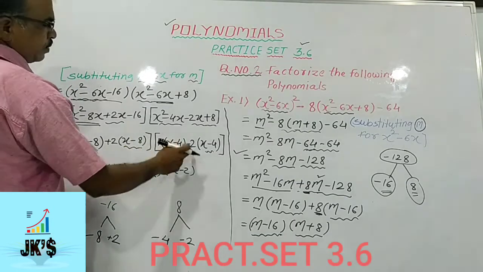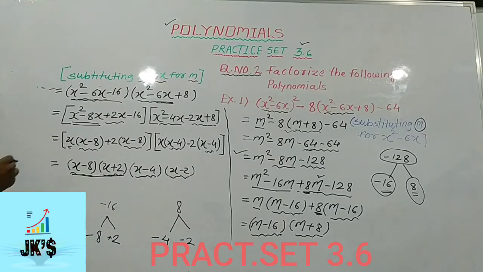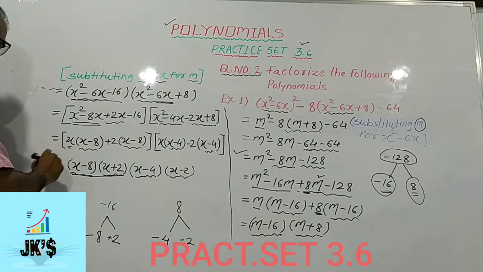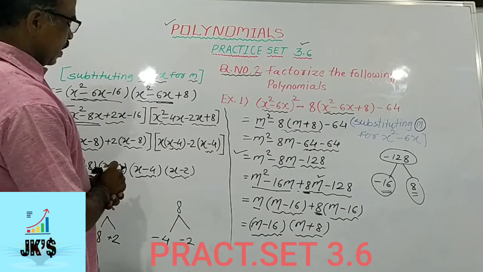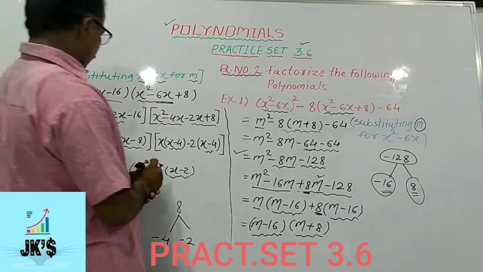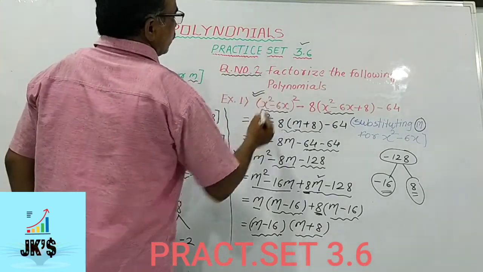What remains? x minus 2. In this way, friends, these are the factors of the given polynomial: x minus 8, x plus 2, x minus 4, x minus 2 are the factors of this polynomial. Okay.